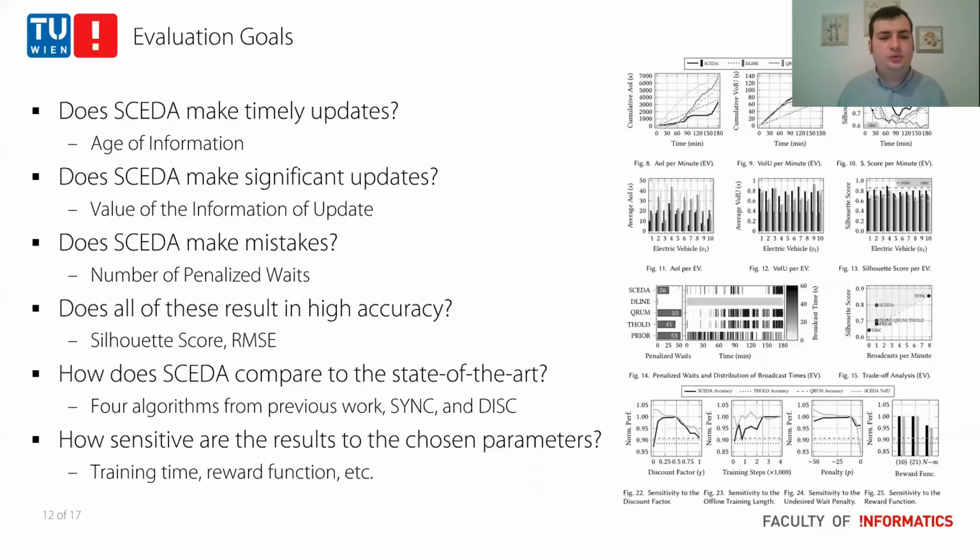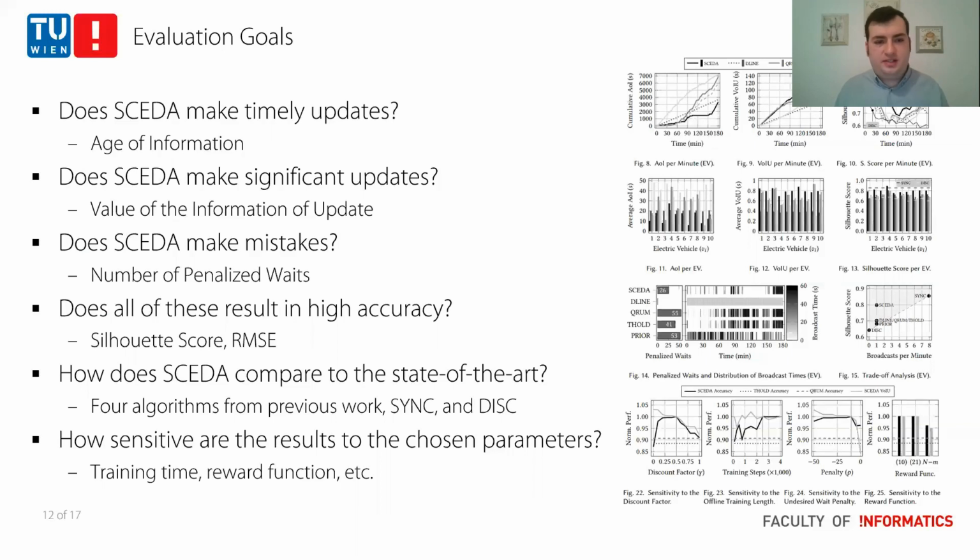We also want to know if SCADA makes mistakes, or how many mistakes it makes. A mistake in our case is a wait action where no more new information arrives. So you wait in vain and your model gets more stale, and at the end you don't get a better model.